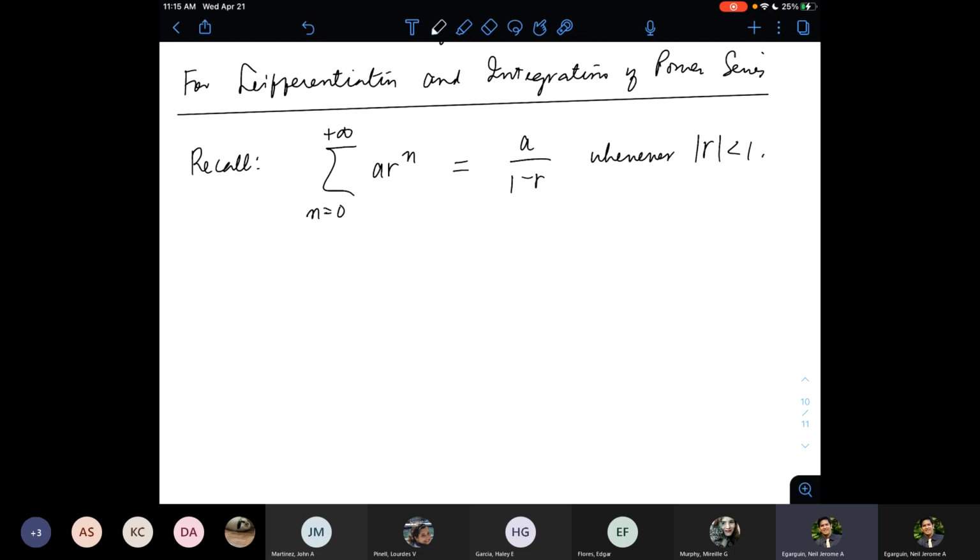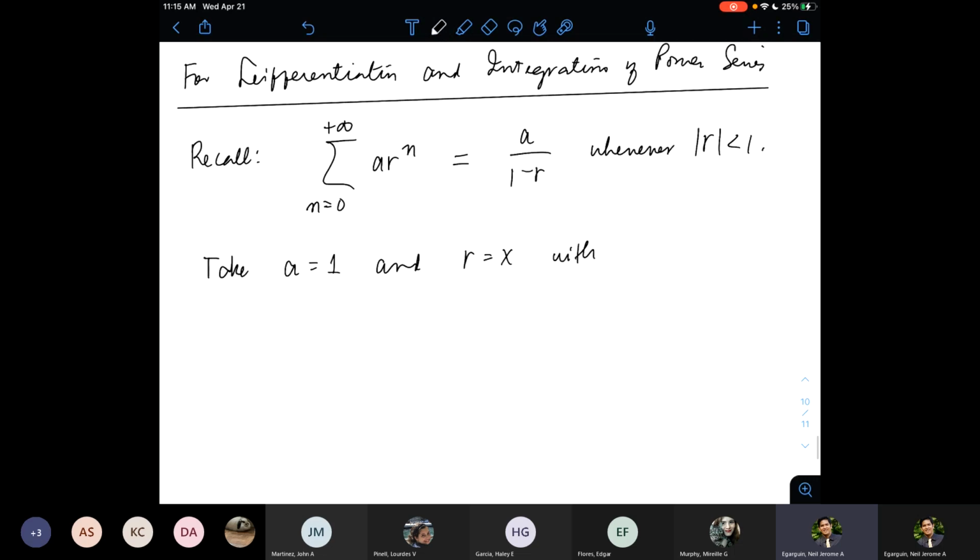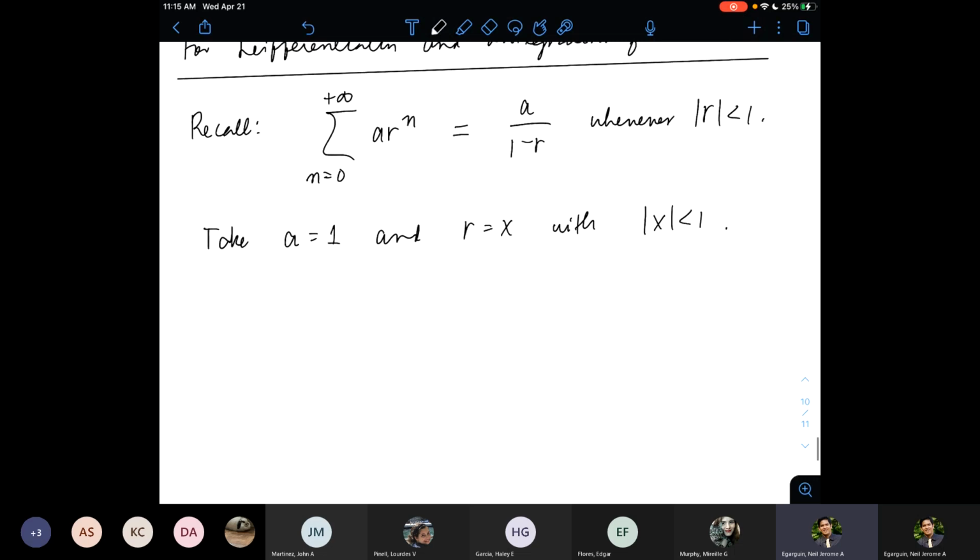So imagine if I take a to be equal to 1 and r to be equal to a variable x with the absolute value of x less than 1. We know then that 1 over 1 minus x has the series expansion sum of x to the power n going from 0 to positive infinity, right?